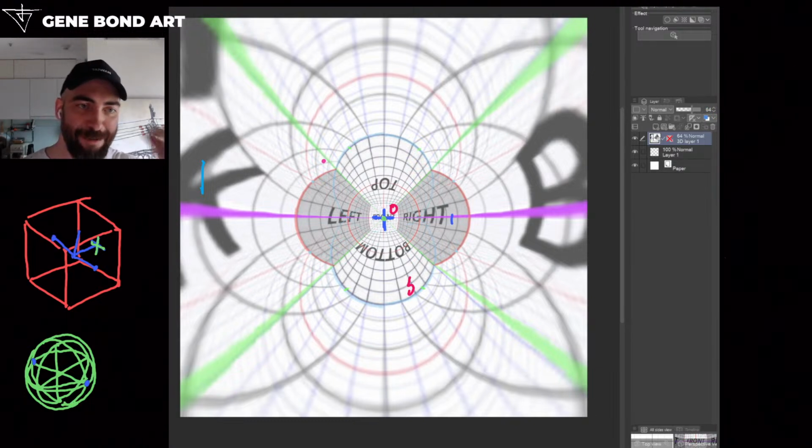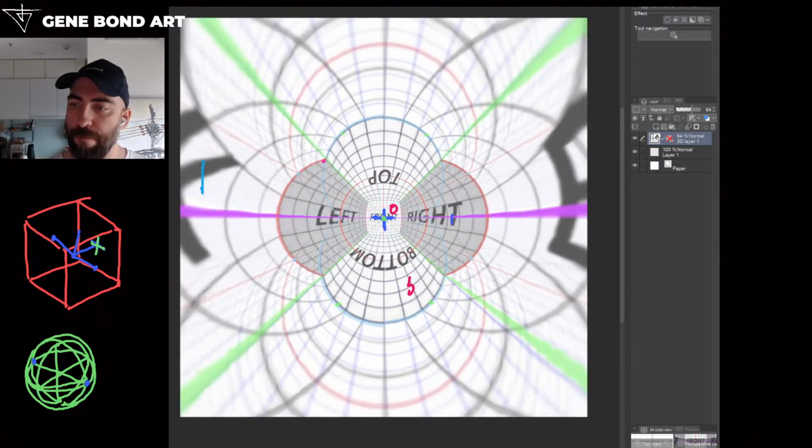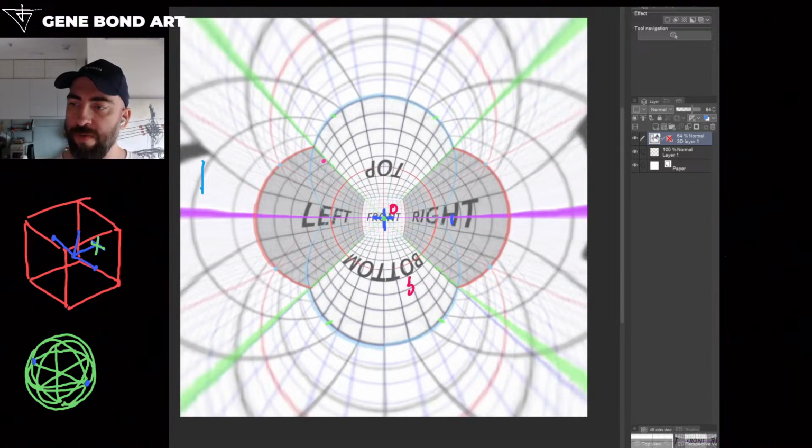And this is how this cube starts to look from inside when we have a 360 direction, or 360 camera angle. It's going to be a fisheye camera 360.